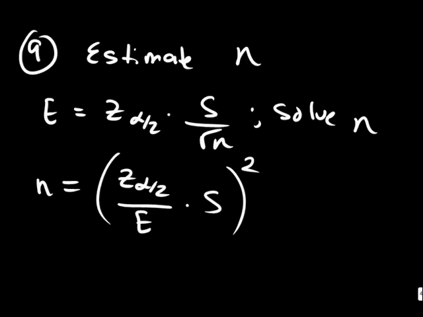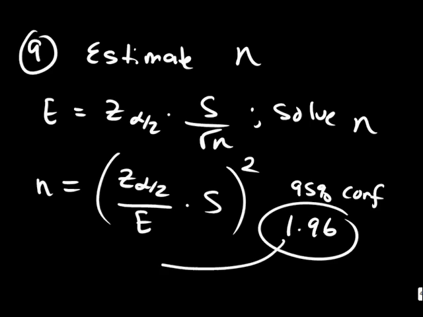Now, in this problem, they want us to use the 95% confidence level, which gives us a z alpha over 2 value of 1.96. This goes here.